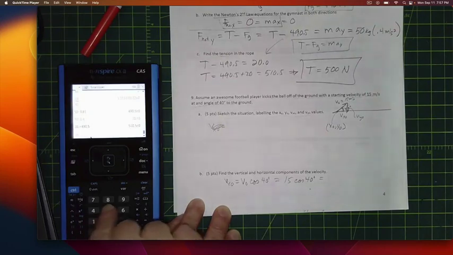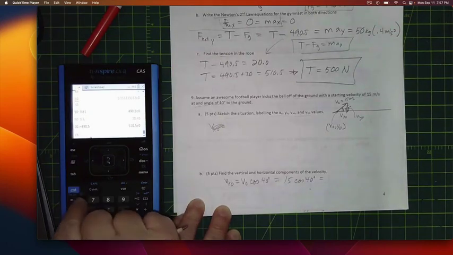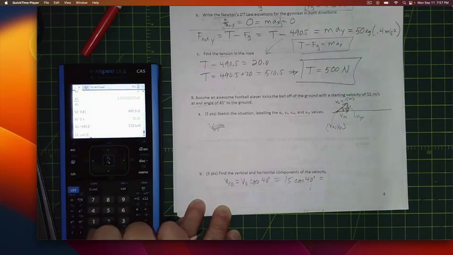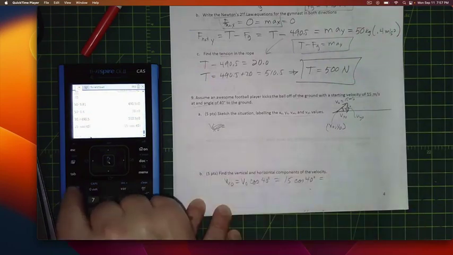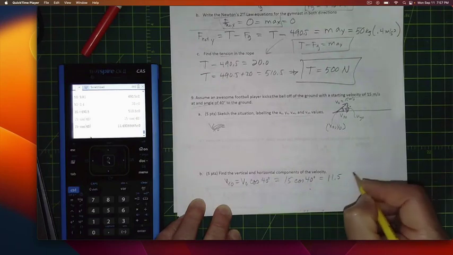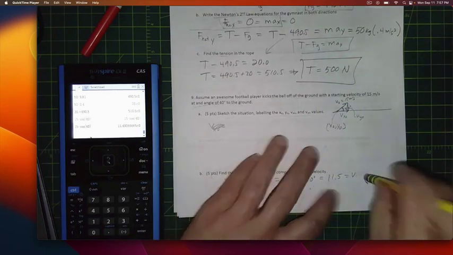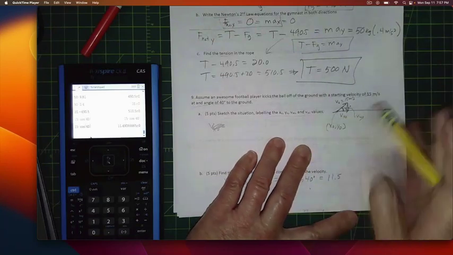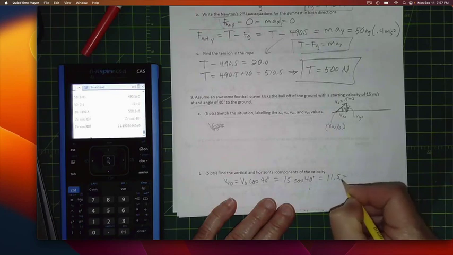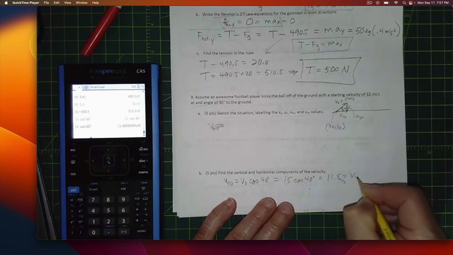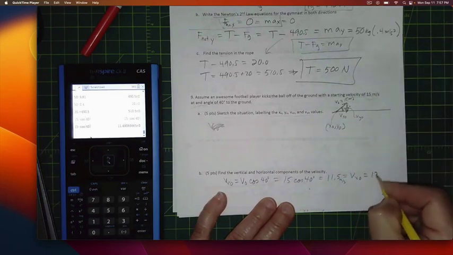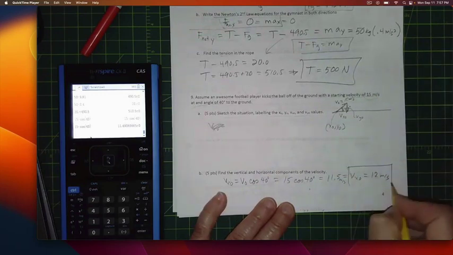So 15 times cosine 40, 11.5 is Vx. Let's see how many sig digs we need. 11.5 meters per second is Vx0, but we wanted just 2, so that'll be 12 meters per second.